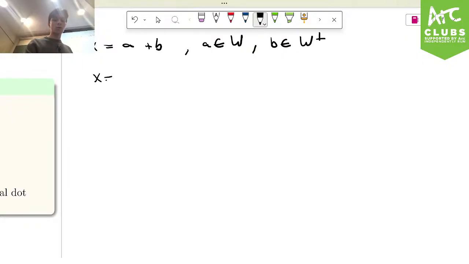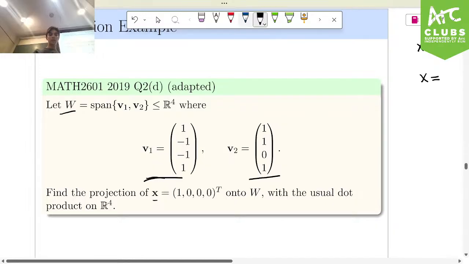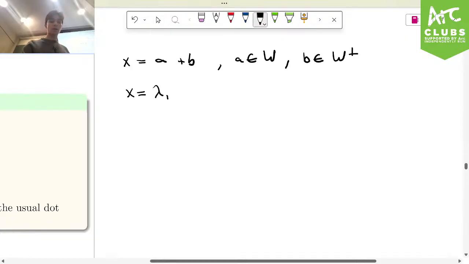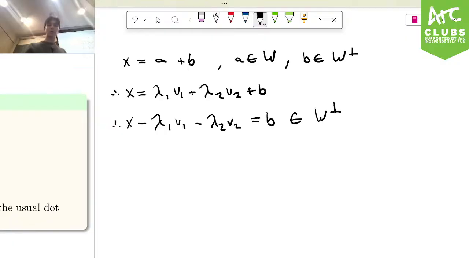And we're given that this space W is the span of these two vectors, which are linearly independent, so we can treat them as a basis for W, and we write A as a sum of lambda 1 V1 and lambda 2 V2. And that means that X minus lambda 1 V1 minus lambda 2 V2 is going to be equal to B, which is in W perp, right?